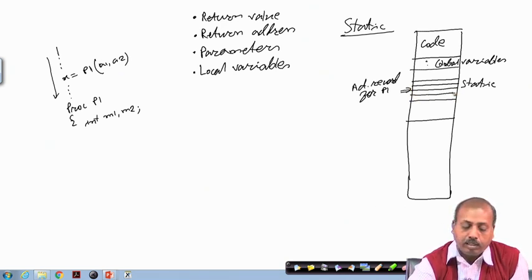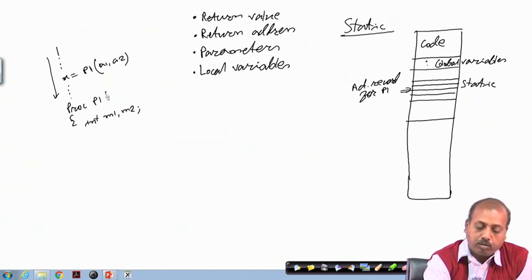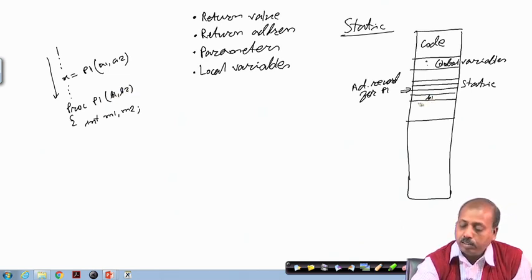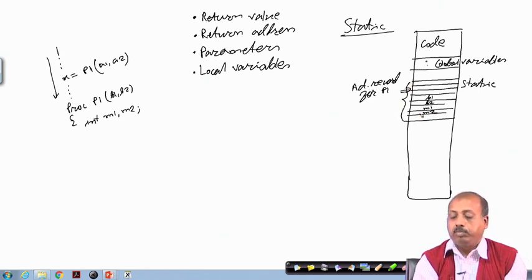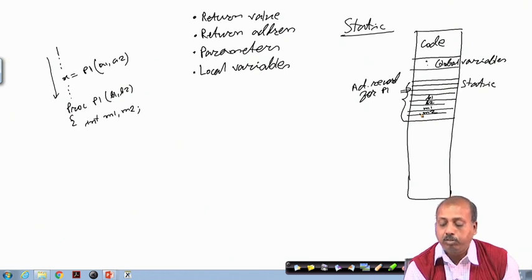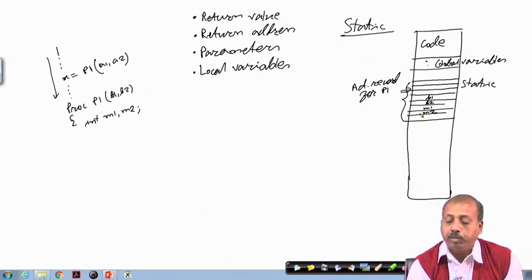A1 and A2 are the values, and let us call the parameters B1 and B2. This is the space for B1, this is the space for B2, and this is the space for M1 and M2. This part of the memory is earmarked to act as the activation record for P1.